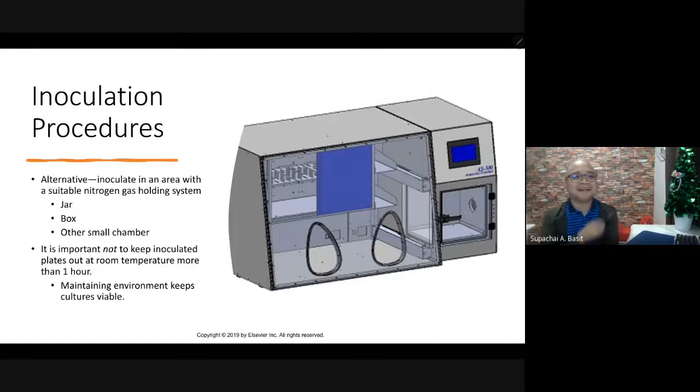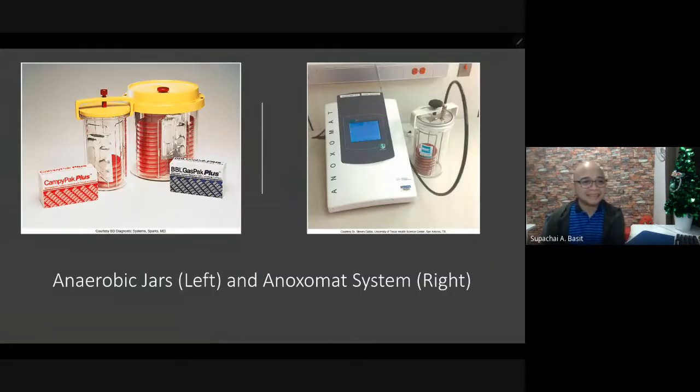Alternative, kung hindi mayaman yung lab, ano yung alternative? So, a nitrogen gas holding system, a jar, box, or small chamber. It's important not to keep inoculated plates out at room temperature for more than an hour. Otherwise, bacteria will die. So, these are the alternatives. Okay?